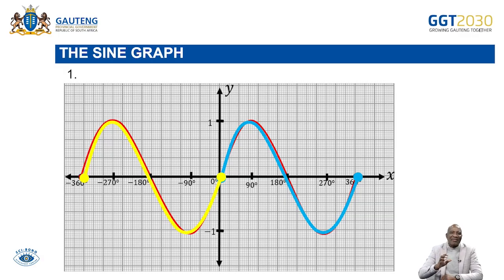That yellow graph is a complete cycle and it happens within 360 degrees. From 0 to 360, that red graph, which I have shaded blue, is another complete sine wave within a revolution.